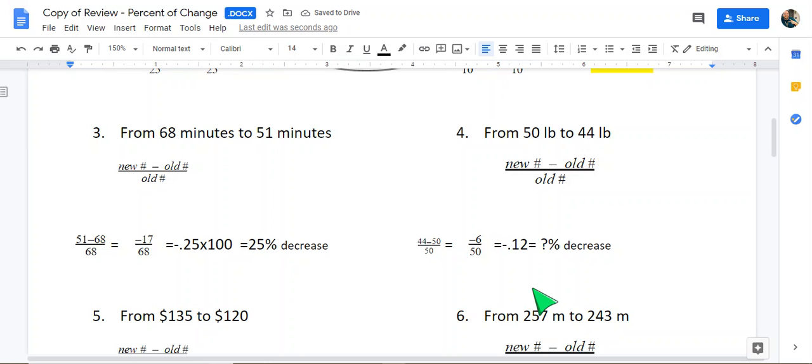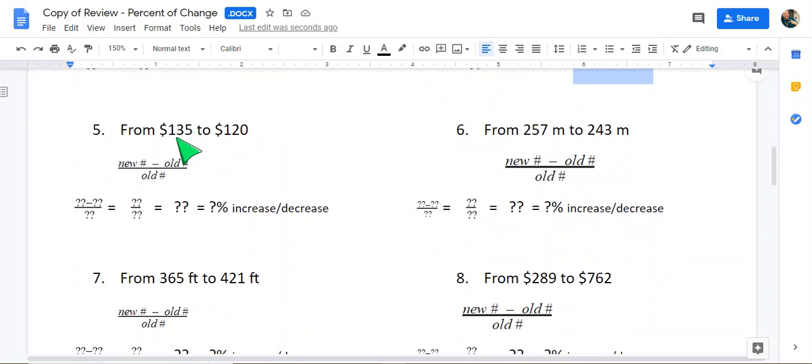And to change this to a percent, I multiply by 100, and it gives me negative 12. But like we did here, because I said decrease, I don't need to write this negative, so I can just delete it. All right? So if my dog used to weigh 50 pounds, but now he weighs 44 pounds, I can say my dog's weight decreased by 12%.